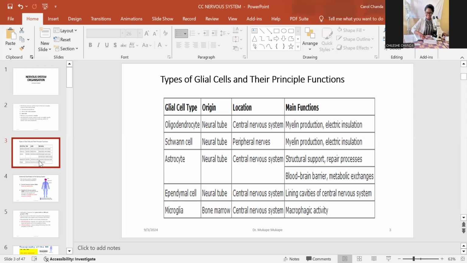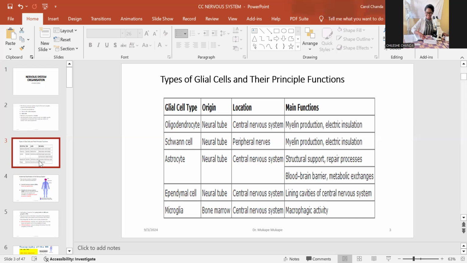And then we have microglia. Microglia are said to be the white blood cells, the macrophages, of the nervous system. Remember, when we were looking at tissues, we said that white blood cells, specifically macrophages, adopt a different name depending on which organ they are in.